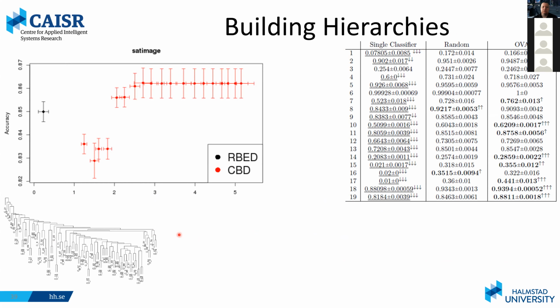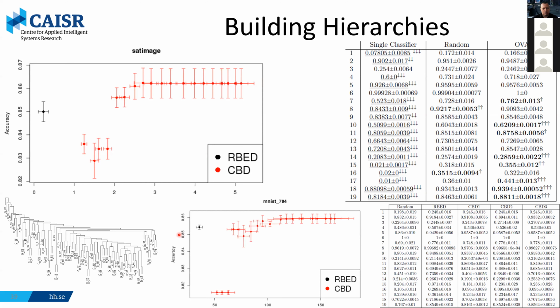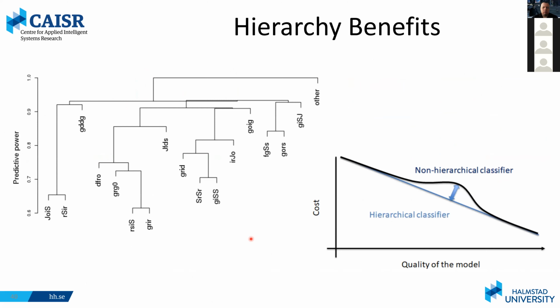In general, because the multi-class problem is inherently harder than the sum of its parts, if you use some kind of non-hierarchical classifier, you will have this extra difficulty which will lose performance.